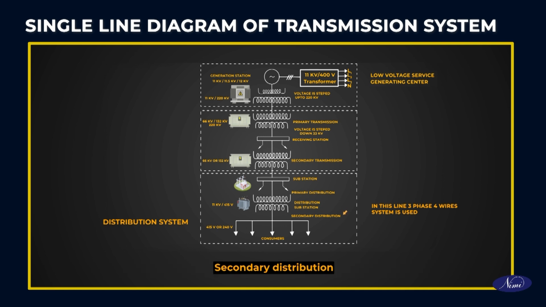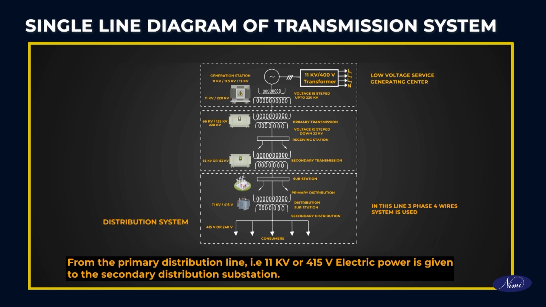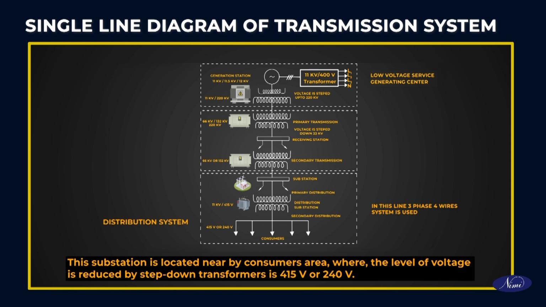Secondary distribution. From the primary distribution line, that is 11 kV or 415 volts, electric power is given to the secondary distribution substation. This substation is located nearby consumers area where the level of voltage is reduced by step-down transformers to 415 volts or 240 volts.